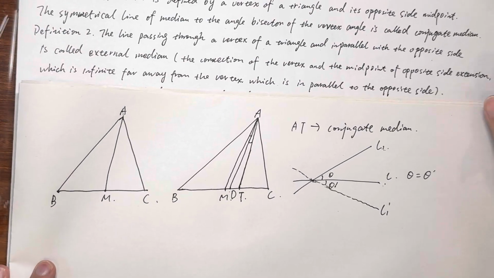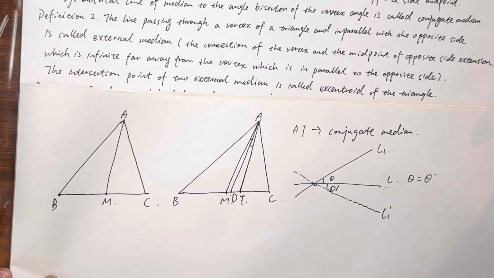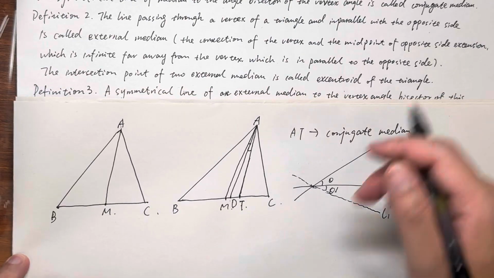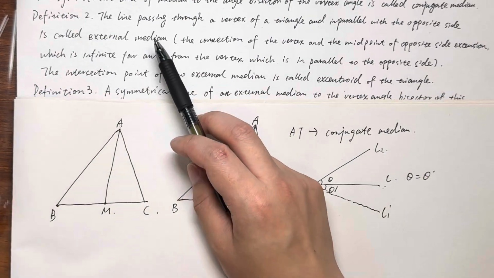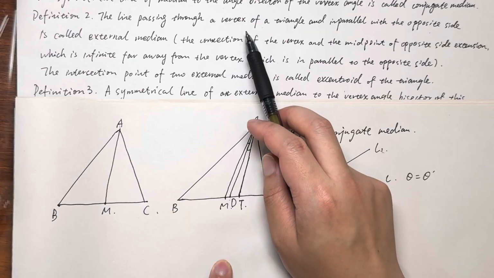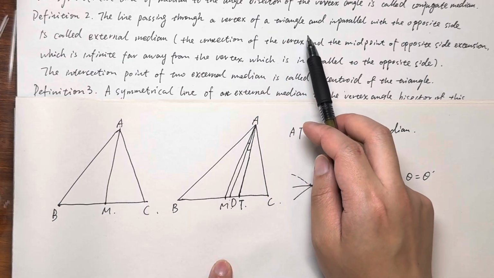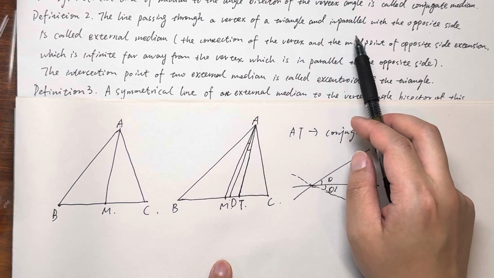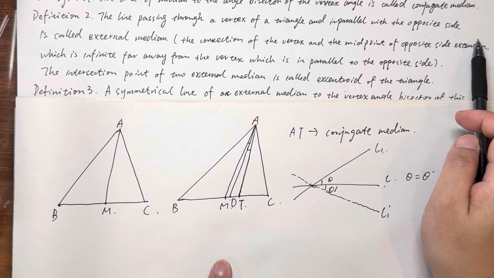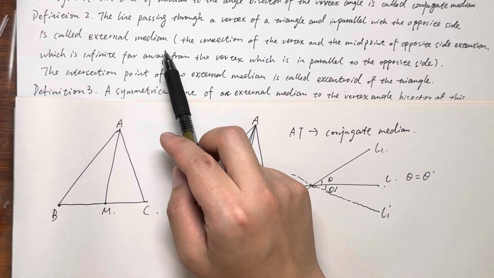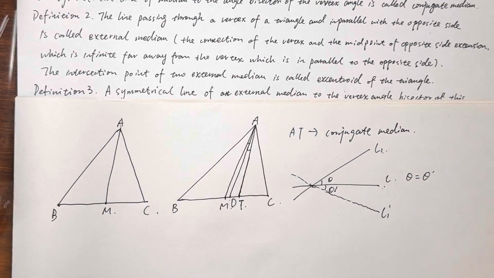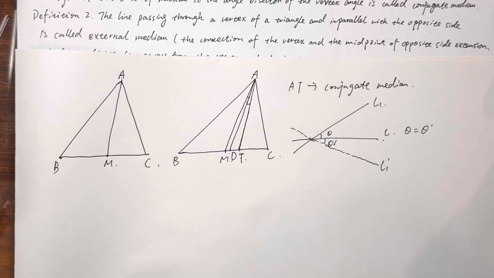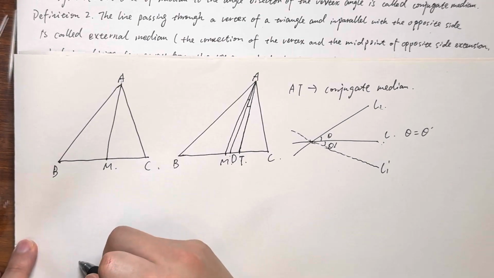Okay, that's the first definition, and let's look at the second one. Definition 2. The line passing through a vertex of a triangle and parallel to the opposite side is called the external median. Okay, this is a little more difficult to understand.